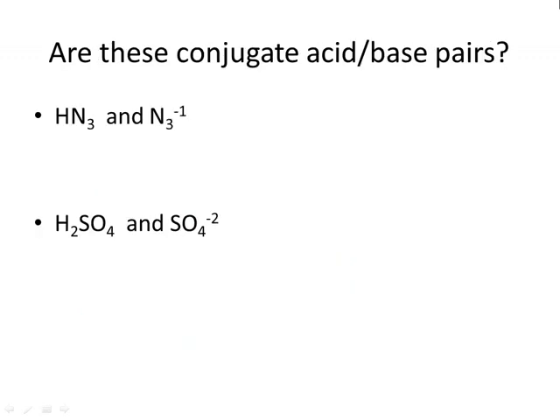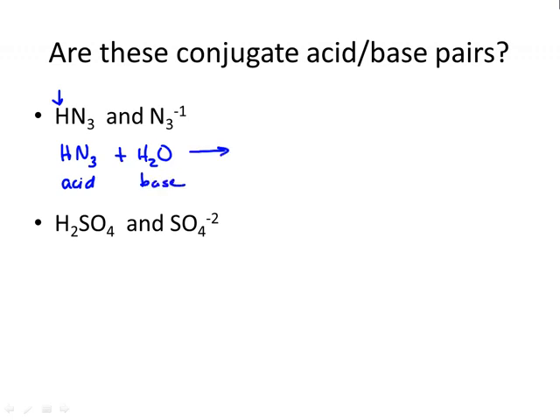Are these conjugate acid-base pairs? So if I have HN3, that is the acid between these two, because it's the only one that has a hydrogen in the front of the formula. If I was to put it in a reaction with water, where I know that it's acting like an acid, then water must therefore be acting like the base.